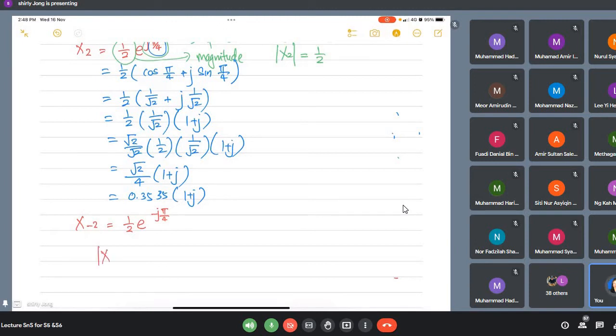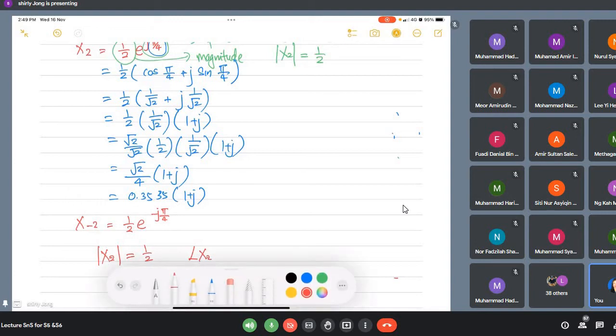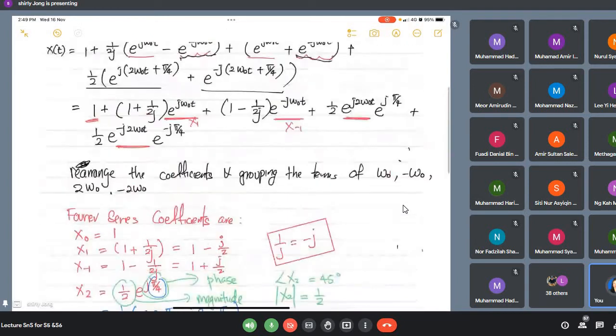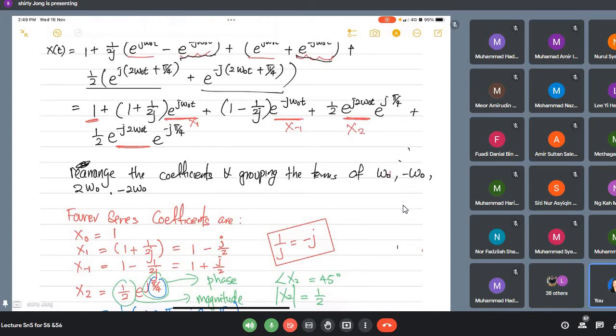The modulus of x2, you get half, and the phase of x minus 2 is minus 45. And then what else you obtain? Okay, no more. X1, x2, x negative 2.